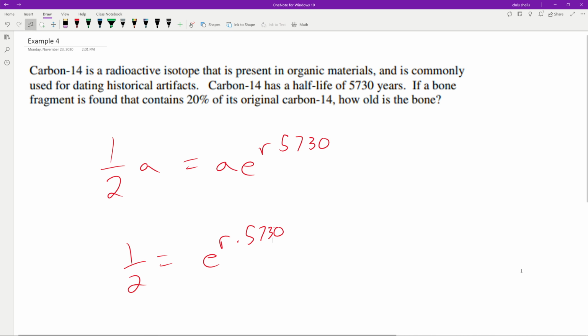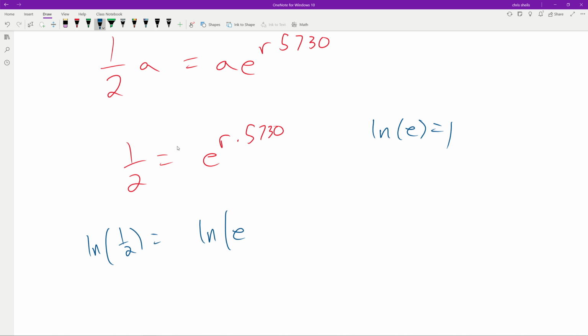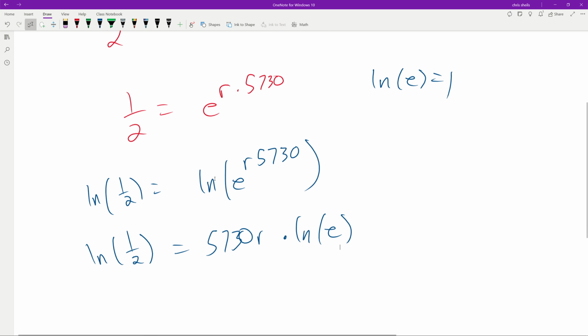If I take the natural log of both sides here, maybe as a side note, just remember that natural log of e is 1. So taking the natural log of both sides, I get natural log of 1/2 equals 5730r times natural log of e, right? Natural log of e is 1, so it actually goes away.